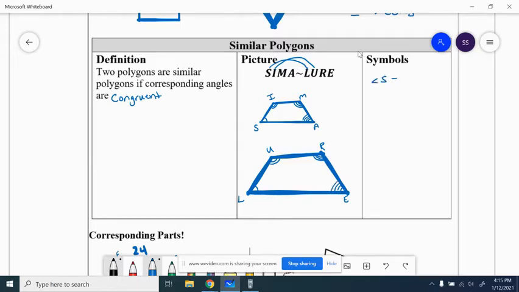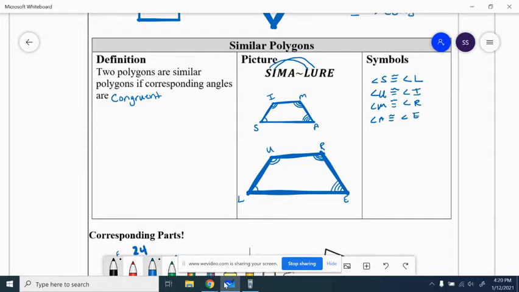Angle S is congruent with angle L. Angle U is congruent with angle I. Angle M is congruent with angle R. And angle A is congruent to angle E.